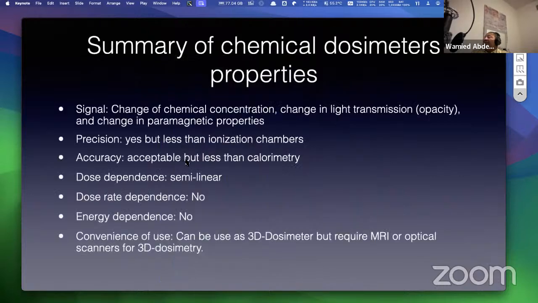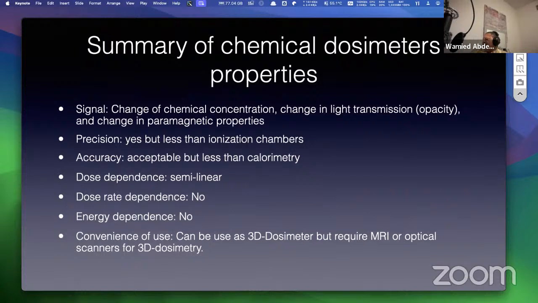Sometimes they're called reference dosimeters. Air ionization chambers, for example, are also called reference dosimeters. The reason is this quantity W air over E. You cannot establish that constant, which is 33.97, without a radiation beam. You don't have an alternative. In Fricke, it was the G value.